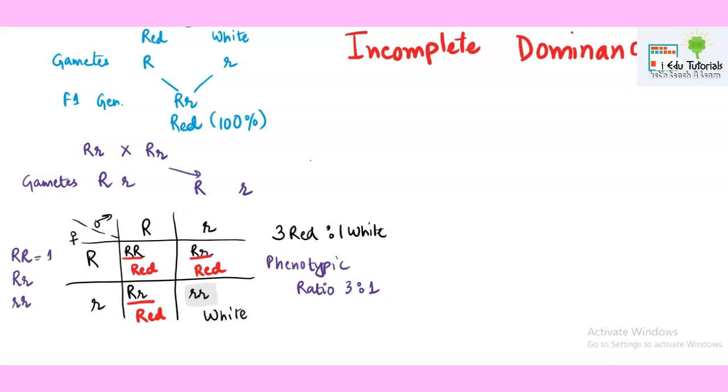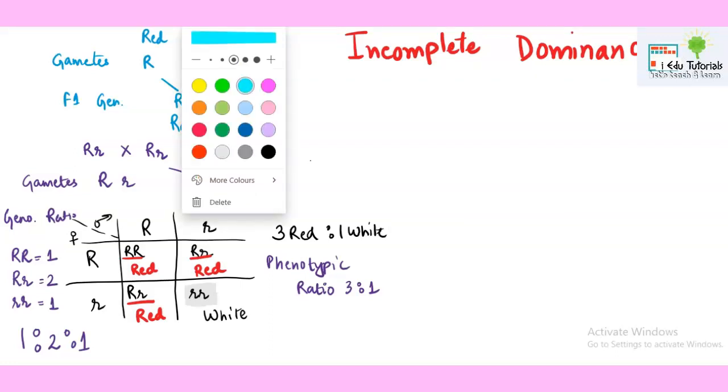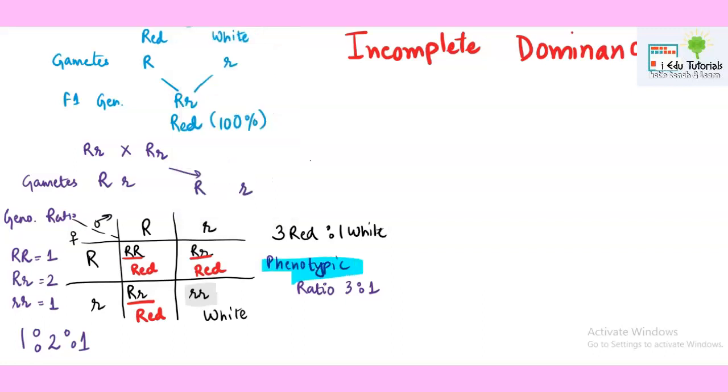So we have one such individual, we have two such individuals, and we have just one here. So our genotypic ratio is 1:2:1. So this is our genotypic ratio and that was our phenotypic ratio. So the phenotypic ratio is 3:1 and the genotypic ratio is 1:2:1.